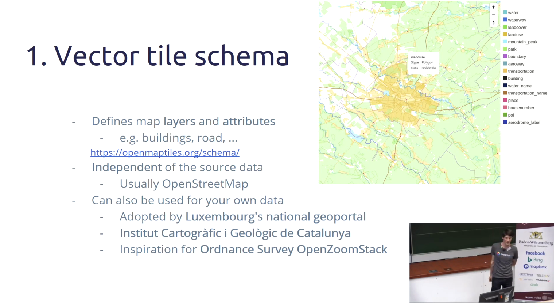We are also adding Wikidata. The reason for that is the translations, because most of the cities are much better translated on Wikidata than on OSM. But you can also use it for your own data.